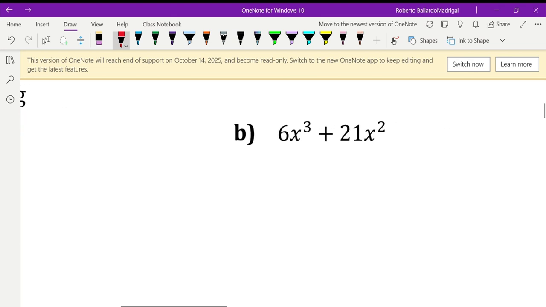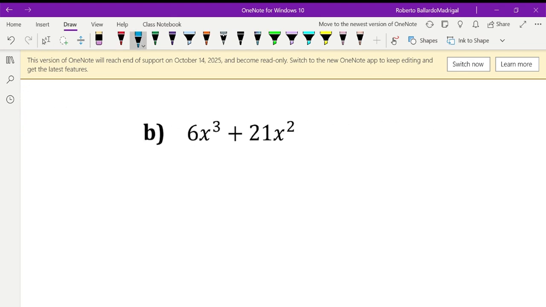If we look at this one, what is the greatest common factor between 6x to the third and 21x squared? What number goes into 6 that goes into 21? That would be 3. We take a 3 out. And then how many x's can I take out? We can take 2 x's out. Very good.